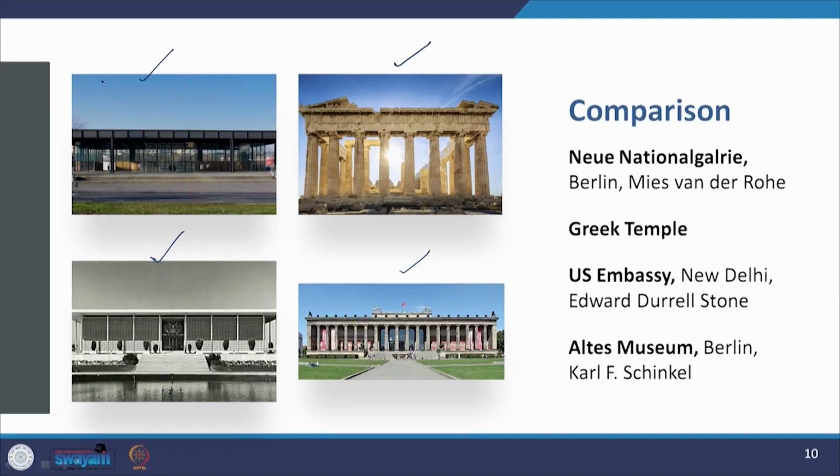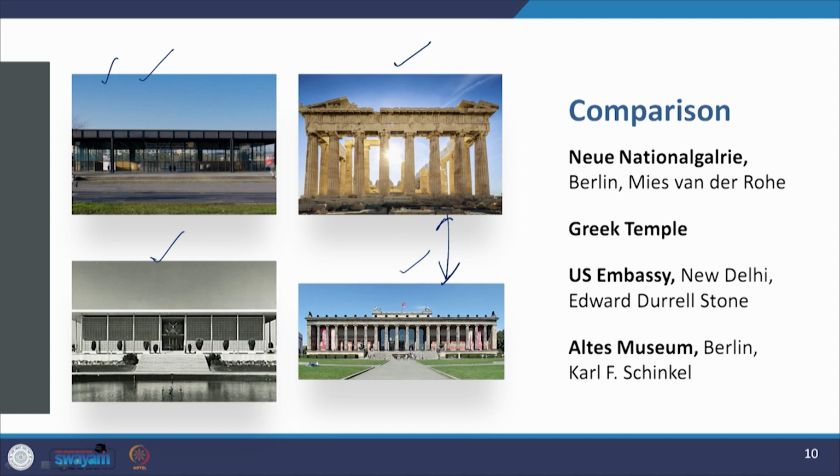Only the Altes Museum is a very direct reflection of the classical temple facade, whereas the New National Gallery is an interpretation in steel, and Mies did that.